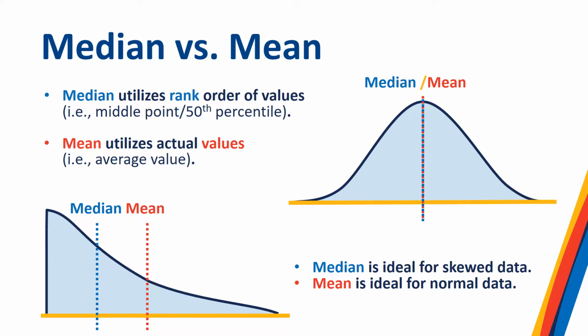We call it right skewed when it's tugged right, and left skewed when the mean is tugged left. So the mean uses the average values, and the median calculates the 50th rank. Median versus mean is a good way to be introduced to parametric versus nonparametric measures. Mean is a parametric measure, and median is a nonparametric measure.